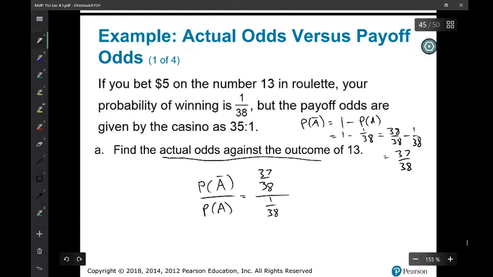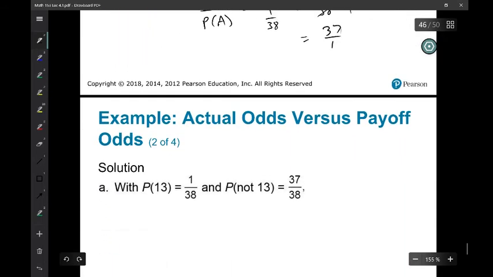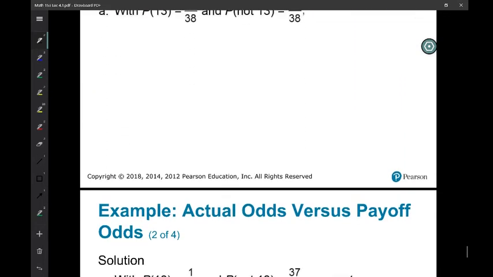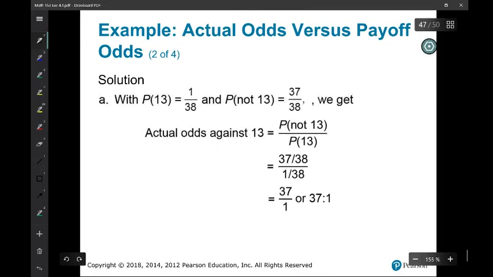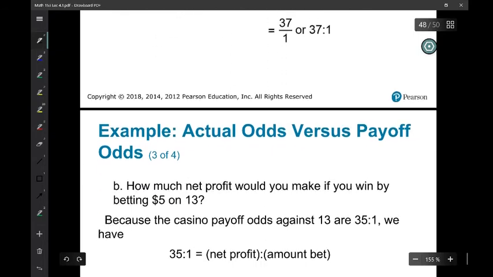When you have fraction divided by fraction, take the reciprocal of the bottom fraction and multiply it to the top. So 38 over 1, the 38s cancel, and we have 37 over 1, or 37 to 1 in gambling parlance.